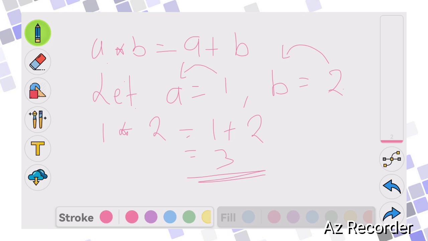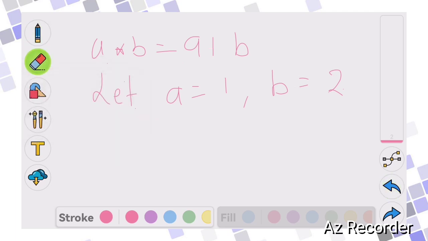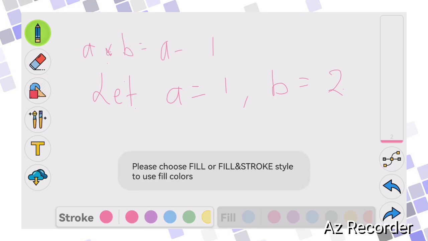How about in a case where I change this binary operation? Let me now change my binary operation to a star b is equal to a minus b.